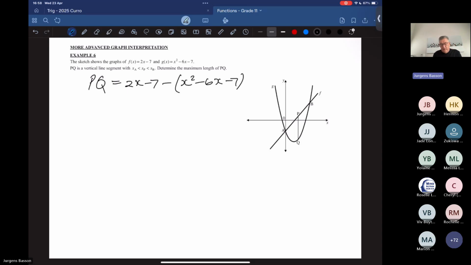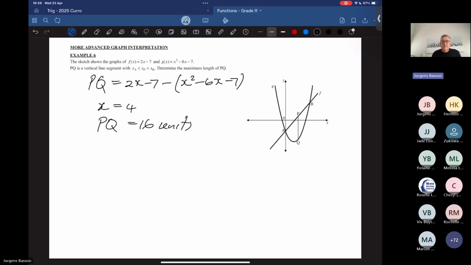Put it in standard form. Then we use the little formula of x equal to minus b over 2a. That's what I like to use to find the axis of symmetry and to substitute back into PQ to find the length. And the x value works out to 4 and PQ is then 16 units.